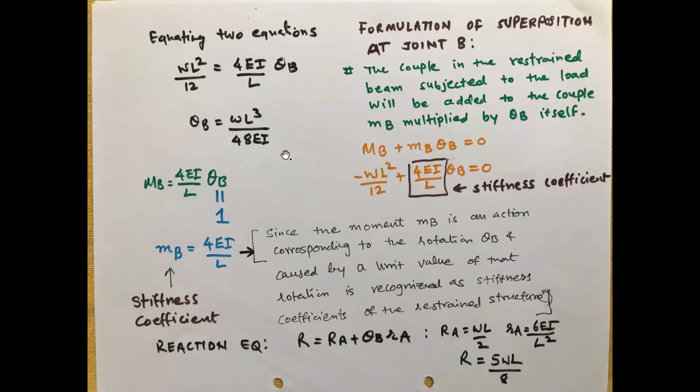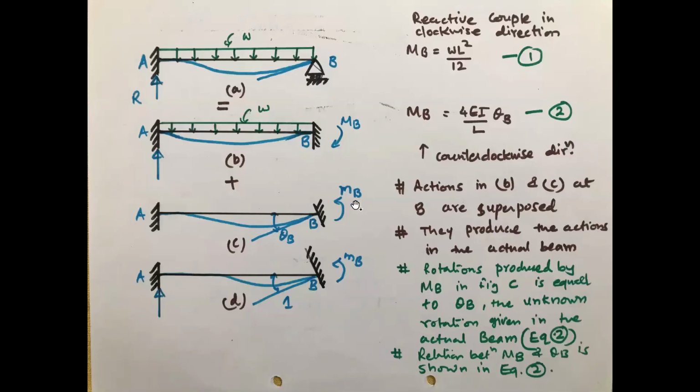This is nothing but the stiffness method that we have applied to a single span beam where only one kinematic variable is there. I go on repeating why this is called stiffness. The diagram C moment MB is called stiffness.